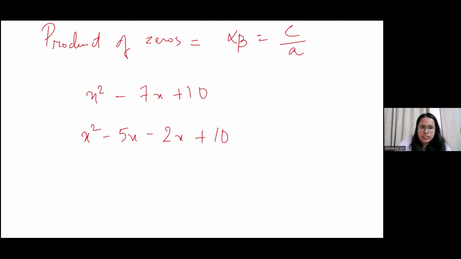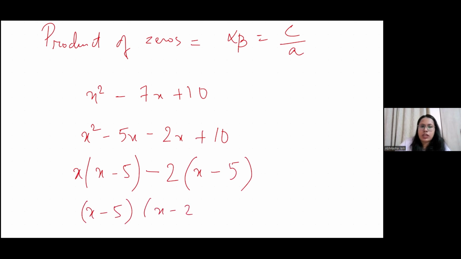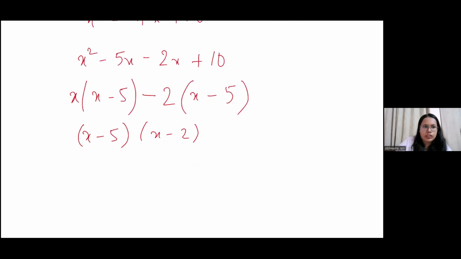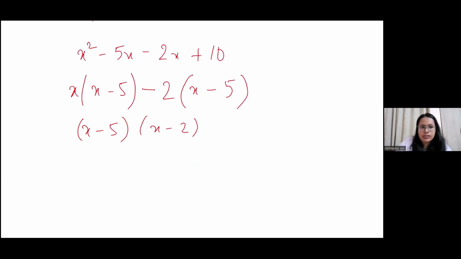Now you take x common, x minus 5 is left here, negative 2 common, so x minus 5 is left here. So you have x minus 5 common, and then x minus 2 is left. So your two zeros are nothing but 2 and 5, correct? x is equal to 2 or 5.